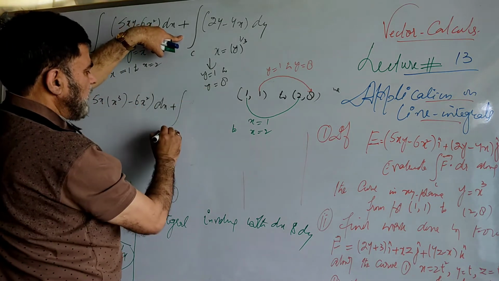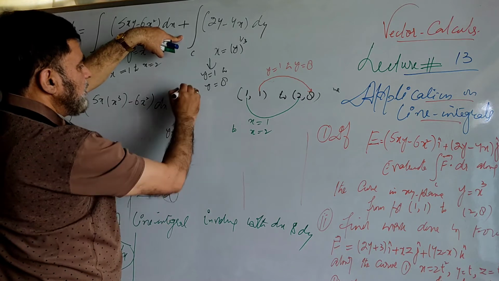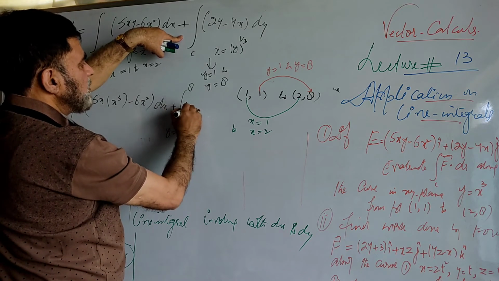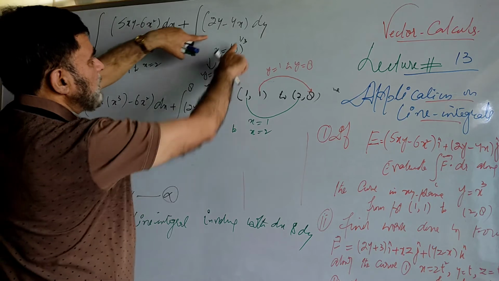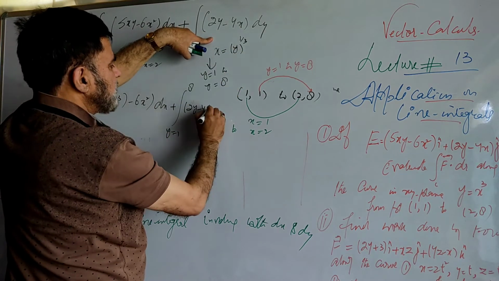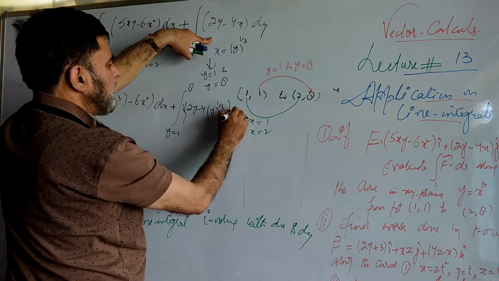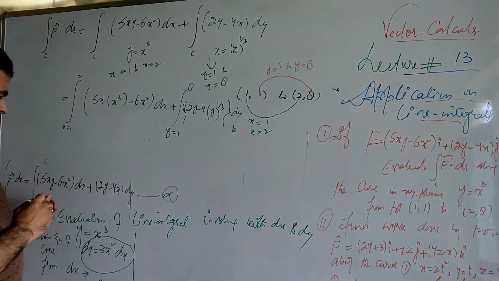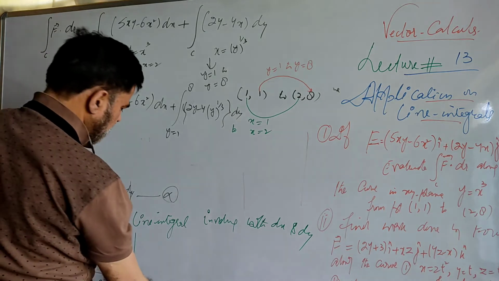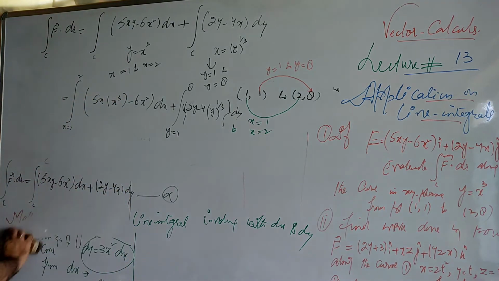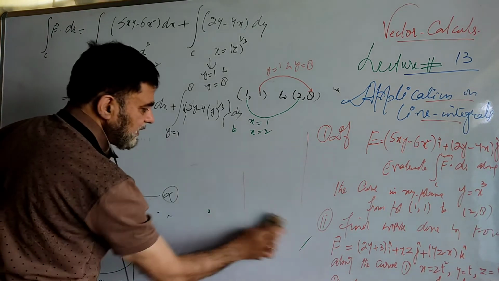So the limit is y going from 1 to 8. This is your 2y, it is okay. Minus 4, I have to replace this x by y raised to power 1 by 3. This is your dy. This means I am evaluating this integral involving both dx and dy.